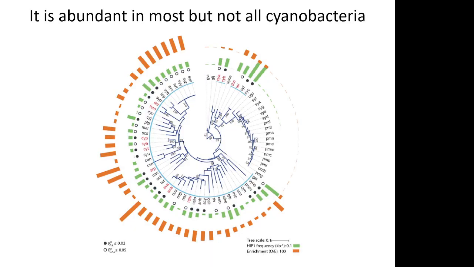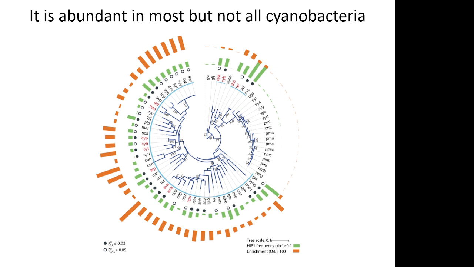Also, interestingly, this sequence is abundant in most, but not all, cyanobacteria. Here you are looking at a phylogenetic tree of cyanobacteria. Here you have the oldest cyanobacteria, which are called Gloeobacter. And then you can see that with the green bars, several species of cyanobacteria have this sequence in high frequency. And in orange bars, you can see that they are also enriched in this sequence.